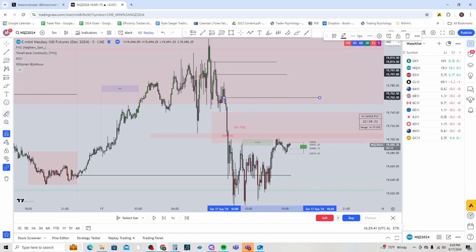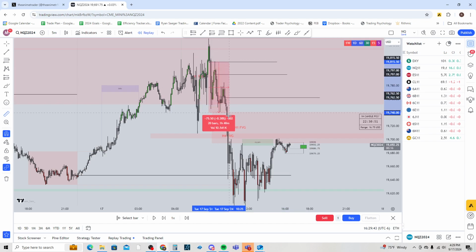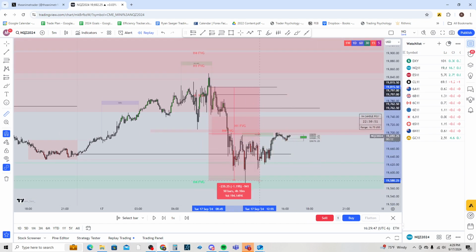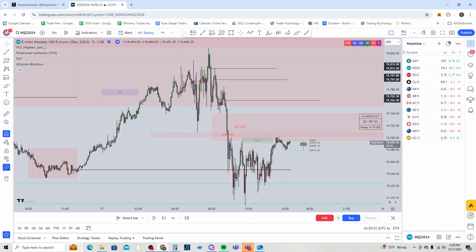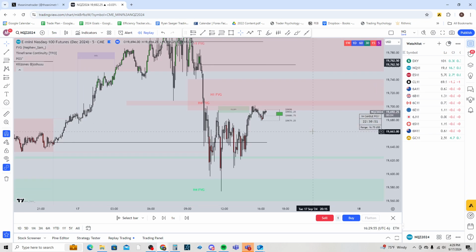So if I had stayed in this initial position, 240 point move-ish, pretty special stuff.